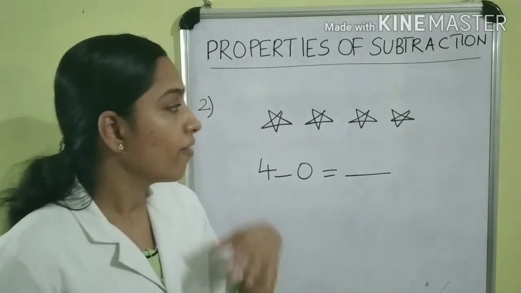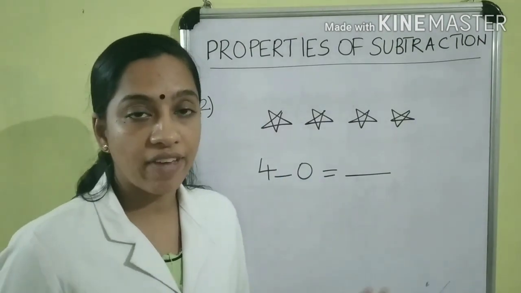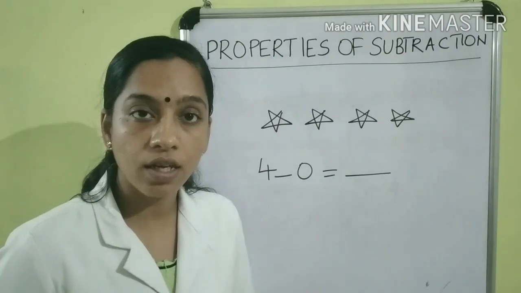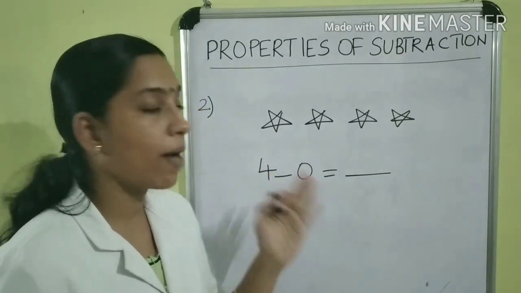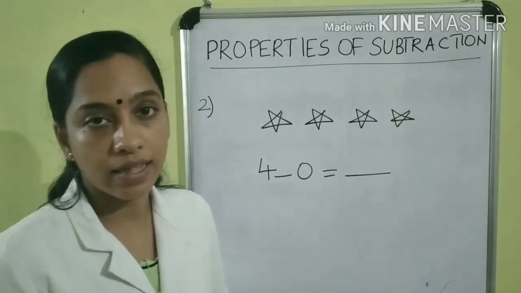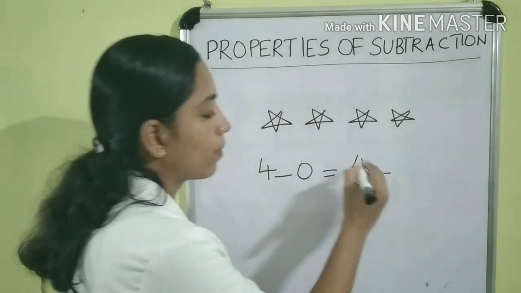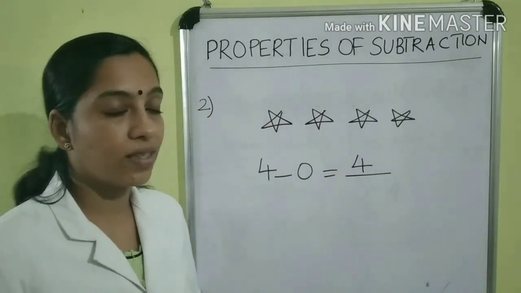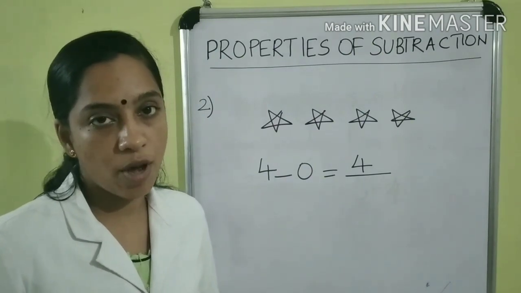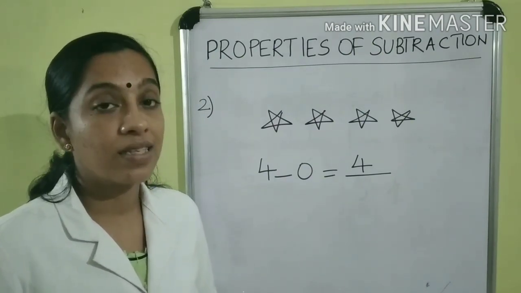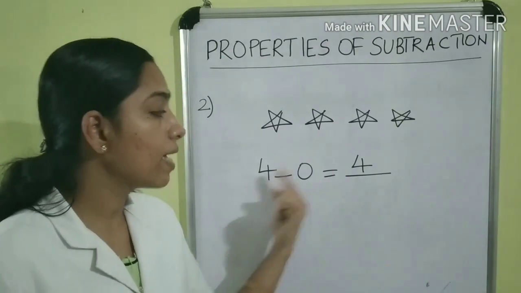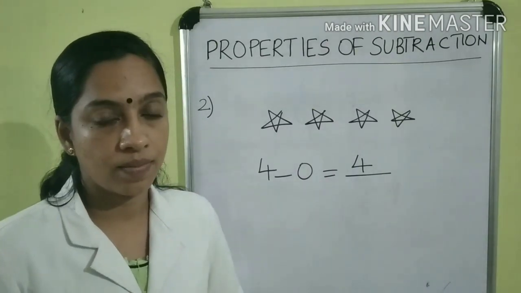So children, we cannot take away any stars. So what will be the answer? The same number will be the answer. That is 4 will be the answer. This is our second property. That is, subtracting 0 from a number gives the same number.